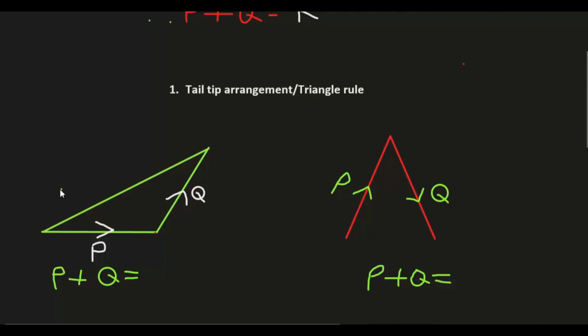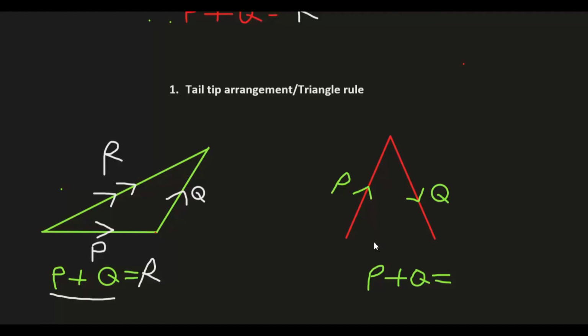We can say that this vector that we just drew, from the tail of P to the tip of Q, let's see, P had its tip here, right? So the tail of P to the tip of Q, this vector R is the addition of P and Q.